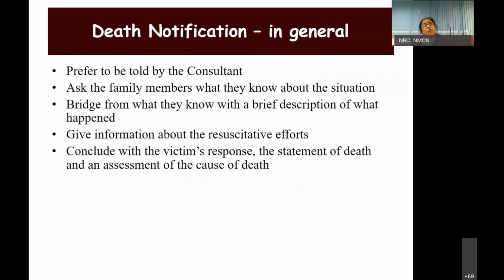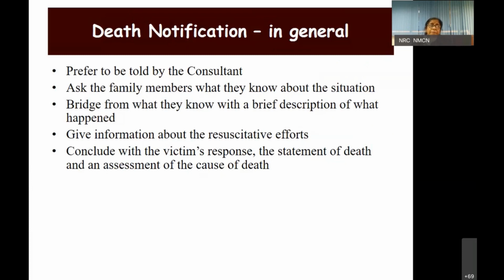Coming back to death in general, we moved on to sudden deaths, which are a painful experience for anybody. Now, the patient has died. Like I said about sudden death, it needs to be informed preferably by a senior person, not just a consultant or a senior resident, somebody who has more experience.